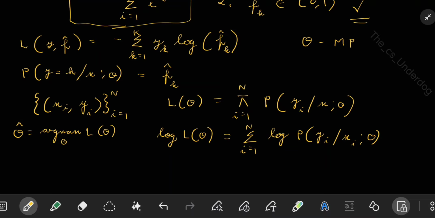After we find out the log likelihood, we already discussed that whenever you want to maximize log likelihood, the better version is to take negative of log likelihood and minimize it. See, both are the same. You maximize a value. Instead of that, you minimize negative of that. It is one and the same. So you take negative log likelihood and then you try to minimize. That is an easier way.